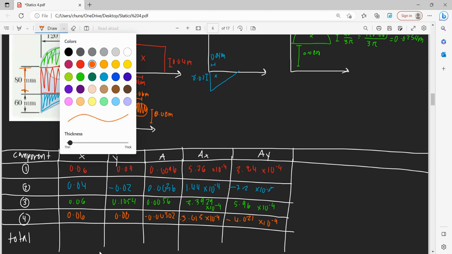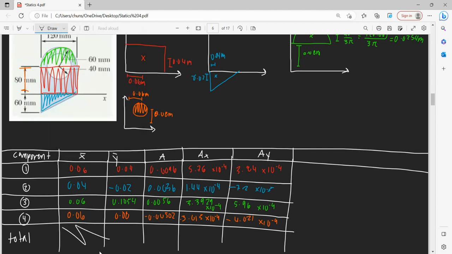And now what we want to do is find the total areas of our shapes. So we don't need these first two columns here. We're going to use the rest of them. So let's start with our total area: plus 0.0036 plus 0.0056 minus 0.00502. And this is 0.01378.